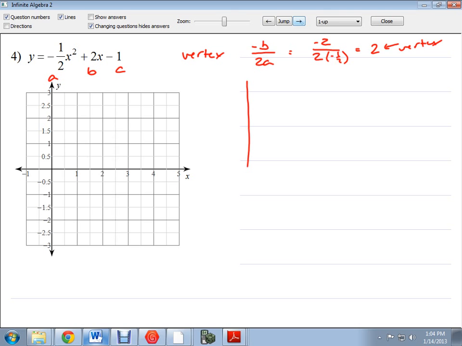So in my table, I'm going to pick one of my points to be at 2. I will need to use this point to calculate out where the vertex actually is. Negative 1/2 times 2 squared plus 2 times 2 minus 1.